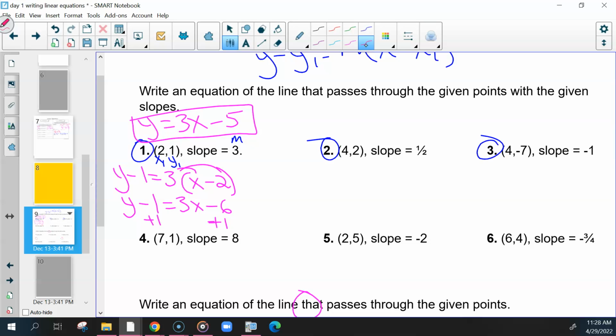Do number 2. Same thing. 4 is our x1, 2 is our y1, slope is our m. We're going to put those 3 into our formula and solve. Y minus 2 equals 1/2 times x minus 4. Distribute. So y minus 2 equals 1/2 x. 1/2 times negative 4 is what?